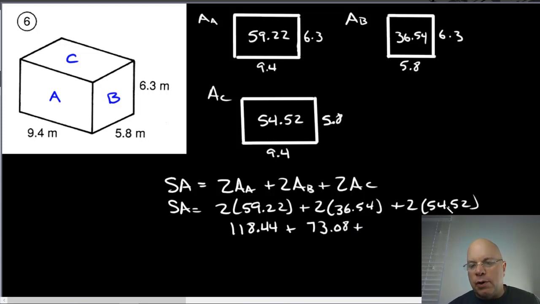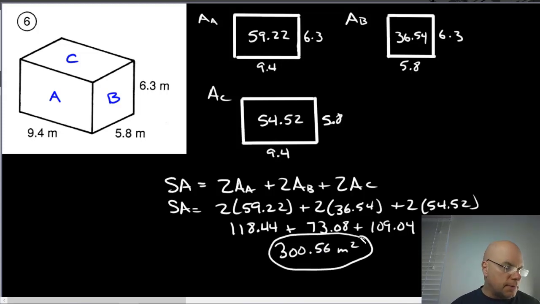Plus this would be 108 plus 1 more, so 109 and 4/100. So I have 300 and 56/100 meters squared for the total surface area of the rectangular prism in problem 6.